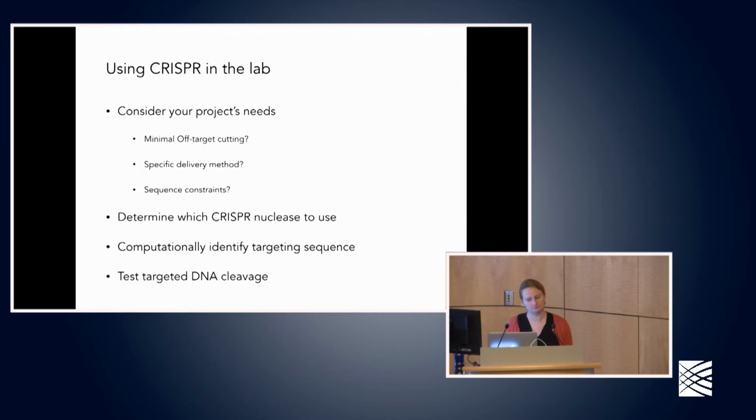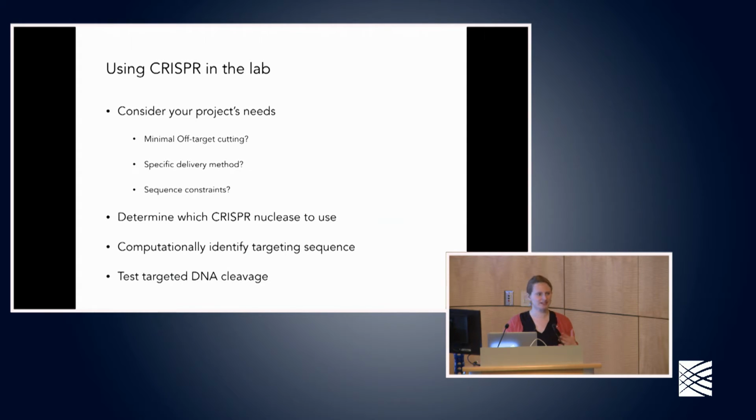First, it's very important to consider your project's needs. Is off-target cutting very detrimental to your final product? Are you planning on using a very specific delivery method? And then lastly, do you have sequence constraints that may suggest that you use certain types of CRISPR nucleases?